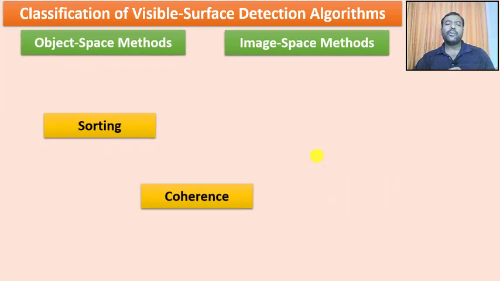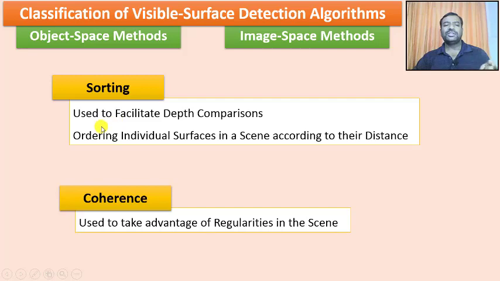Fine. So when I talk about sorting, it's about using depth comparison along with the z value of each object, each surface. I can sort the objects and tell exactly which object is at the front and which object is at the back.